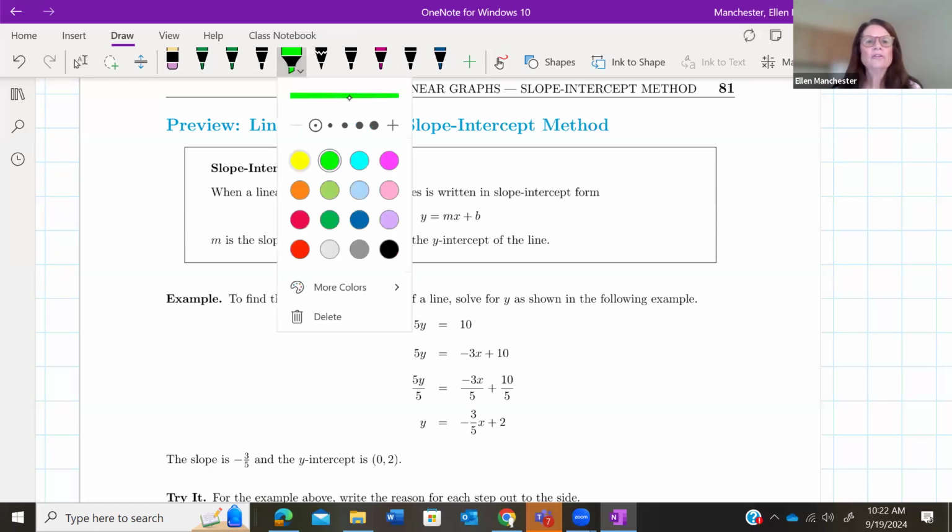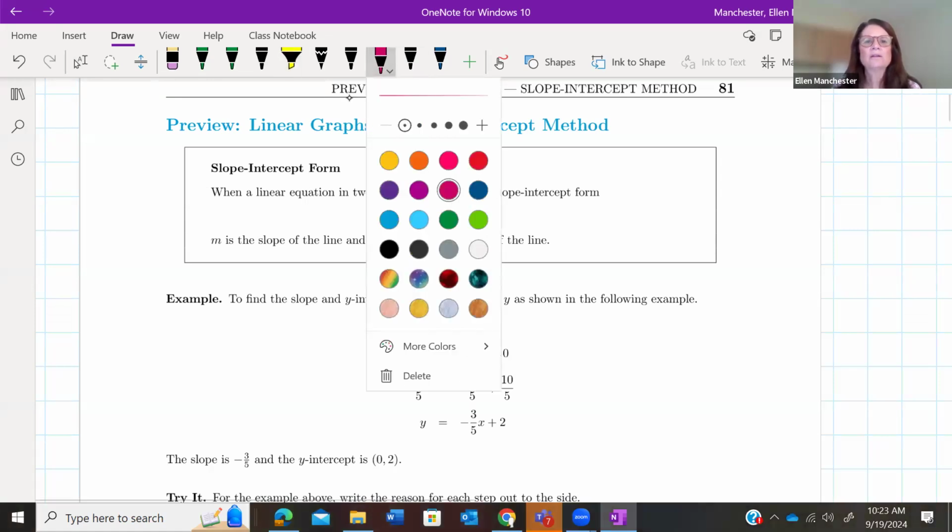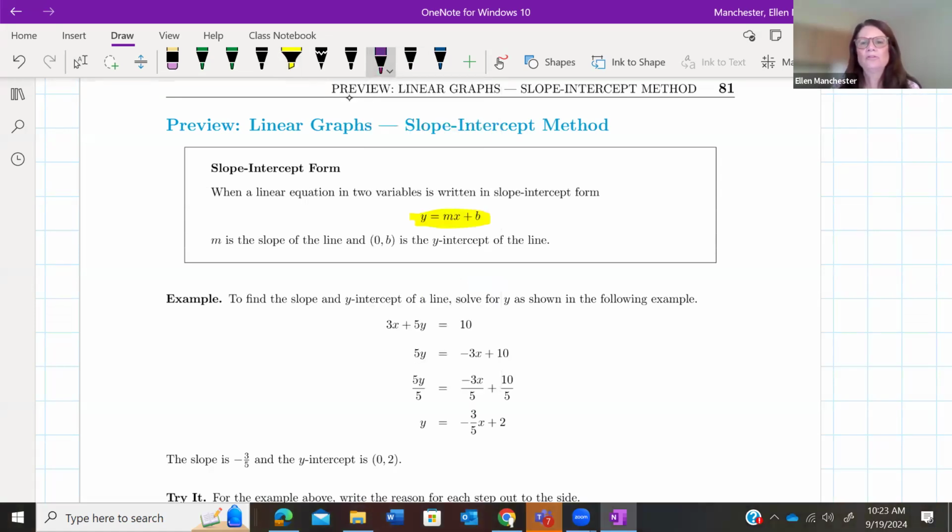So the slope-intercept method will always be set up in this setting, y equals mx plus b. We talked about that a little bit last week, or maybe on Tuesday. The m represents the slope, and the b represents the y-intercept.